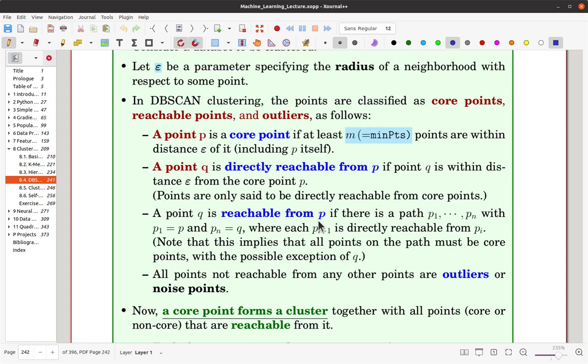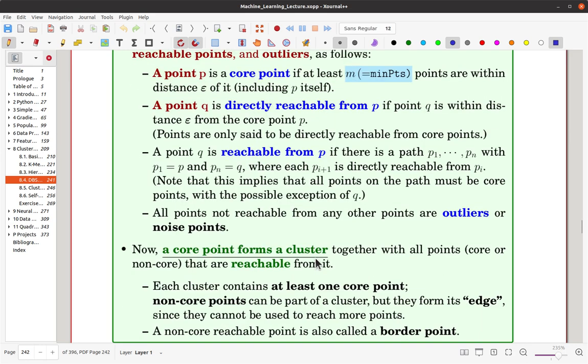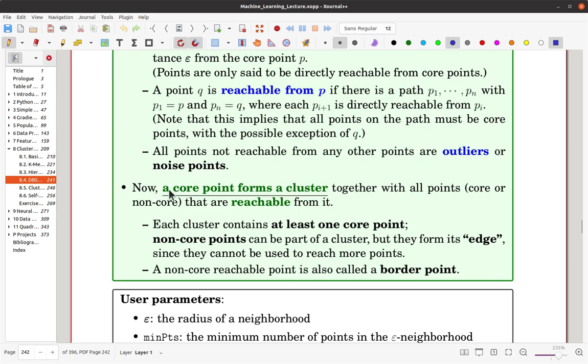All points not reachable from any other points are outliers or noise points. A core point forms a cluster together with all points reachable from it. Each cluster contains at least one core point, and also some non-core points can be included.